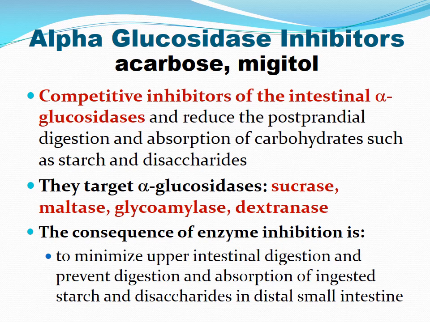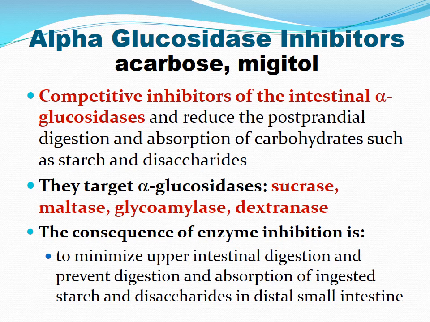These drugs competitively inhibit the intestinal alpha-glucosidases and reduce the postprandial digestion and absorption of carbohydrates such as starch and disaccharides. They target alpha-glucosidases such as sucrase, maltase, glycoamylase, and dextranase.